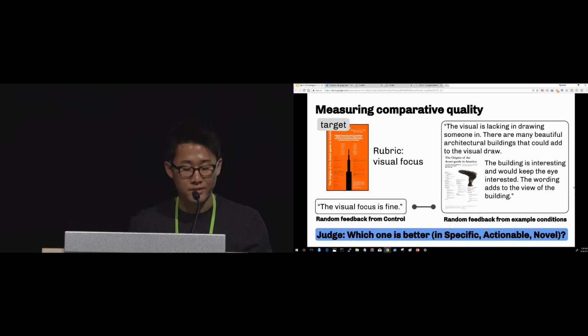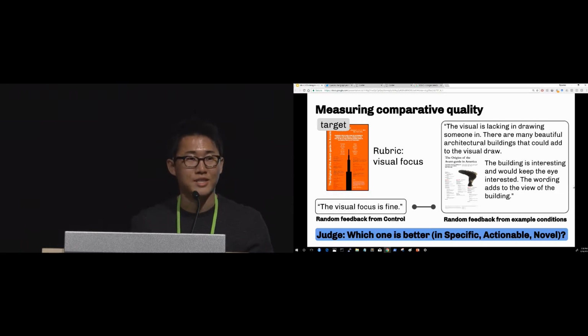Among around 400 pieces of feedback we collected, there were 4,000 pairs that satisfied conditions for meaningful comparison, and we randomly sampled 160 out of this pool and had expert designers blind to condition independently grade them on a scale of 4, 1 meaning the feedback on the left is greatly better, and 4 meaning the feedback on the right is greatly better.